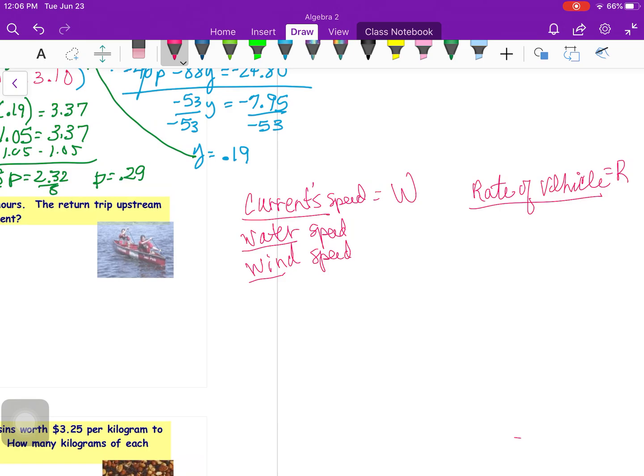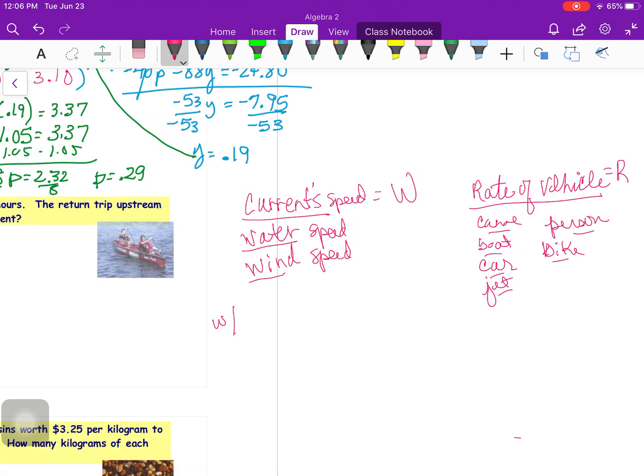And I'm going to call that R. That would be the speed of the vehicle. In this case, I have a canoe. We could have a boat. We could have a car. We could have a jet. We could have a person walking. We could have a person running. We could have a bike. All different kinds of vehicles that have a speed.